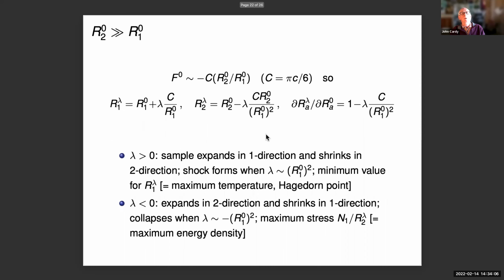So I won't go through this slide. You can see how all of this works in the case where the torus is very long and thin, and then you get the cylinder equations. But I guess I should say that you can see from this equation here that if lambda is zero, but the sample expands in the one direction and shrinks in the other.